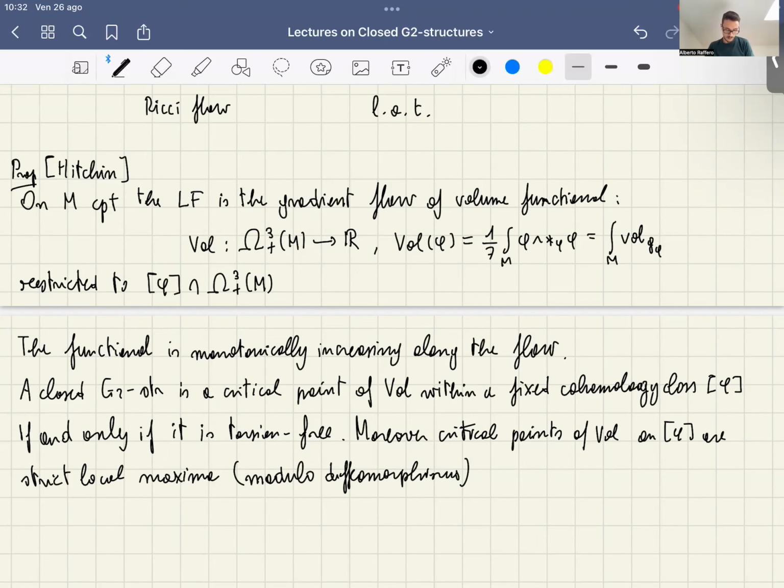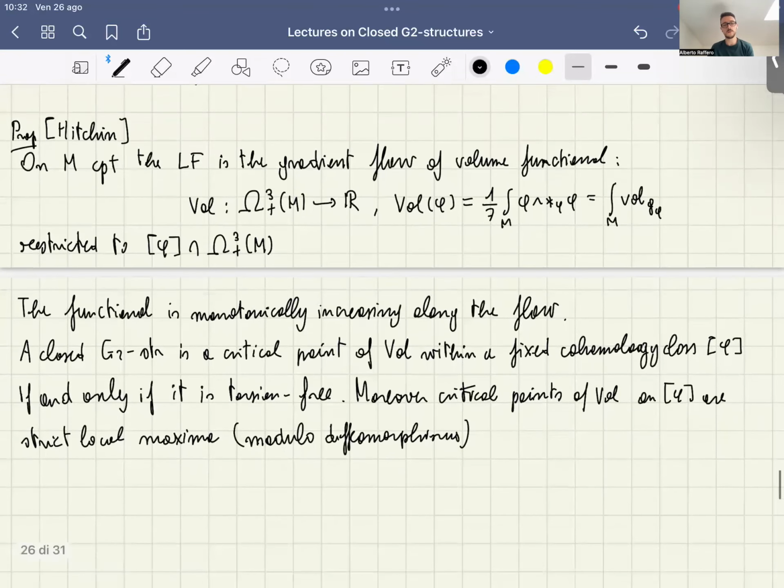So this is a nice interpretation of the Laplacian flow that tells you that if you consider your flow and if the solution exists on a manifold, then as long as it exists, as long as time increases, the volume of the manifold will increase.